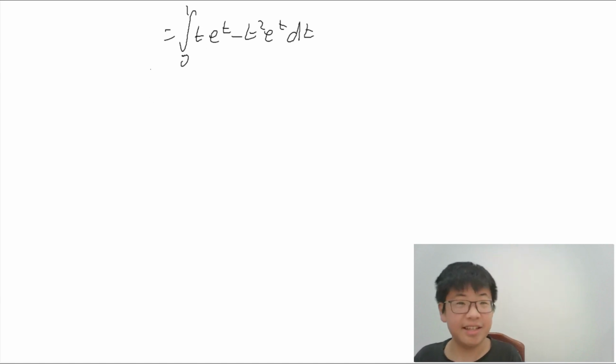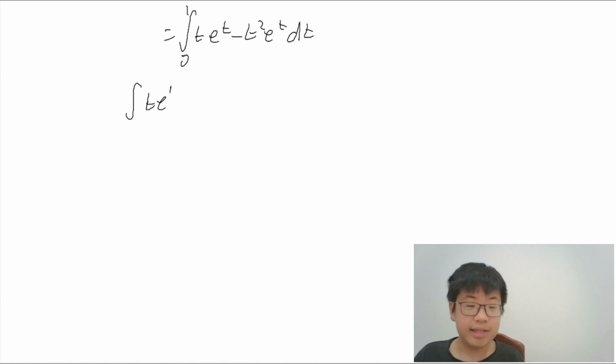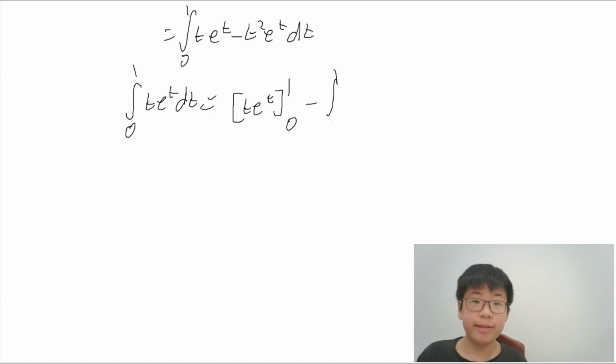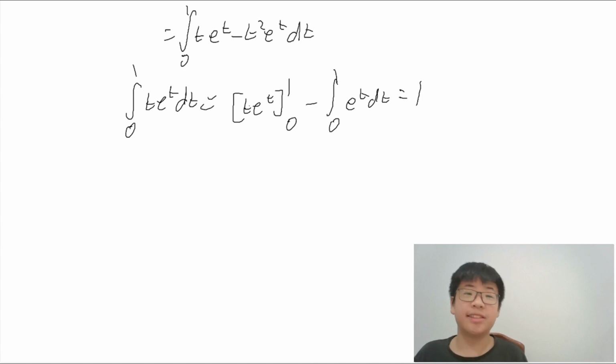This one's easy. So the integral of t e^t dt equals t e^t from 0 to 1 minus the integral from 0 to 1 of e^t dt, which equals 1. Because this will be e, and then this will be 1. This will be e minus 1, and so the e's cancel out, leaving us with 1.